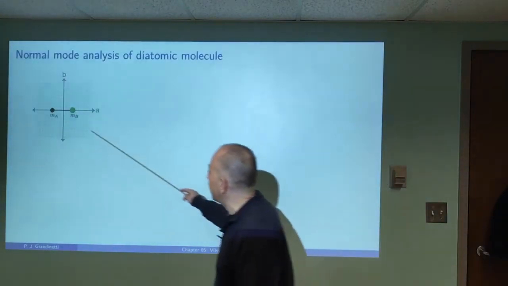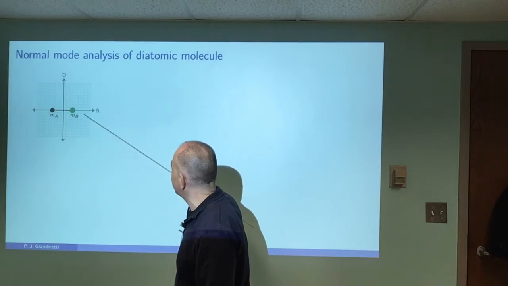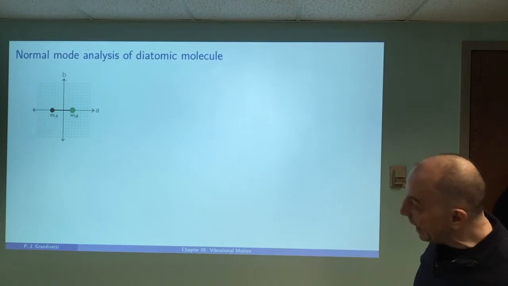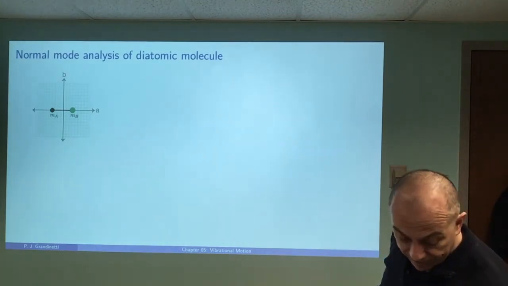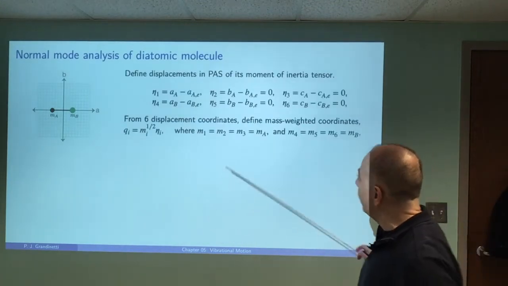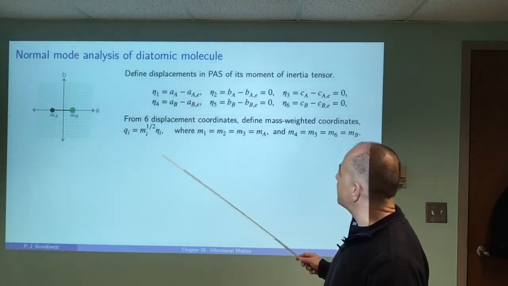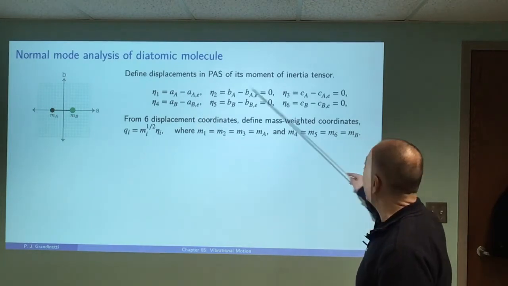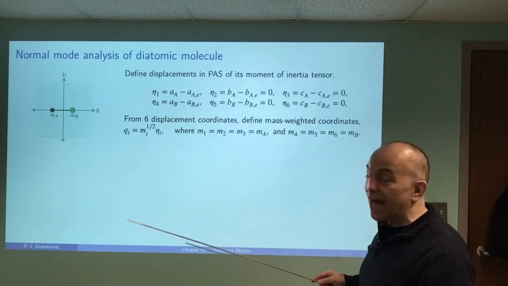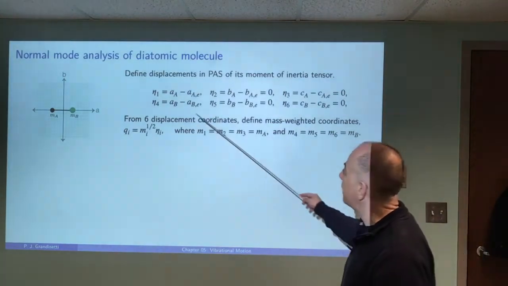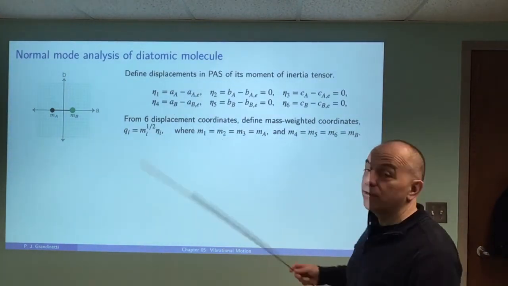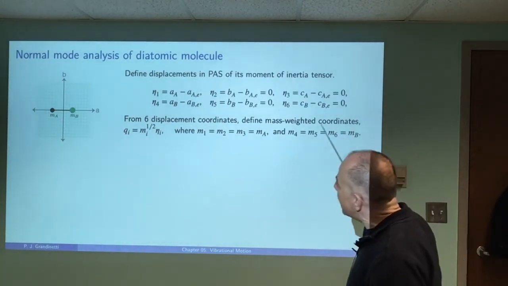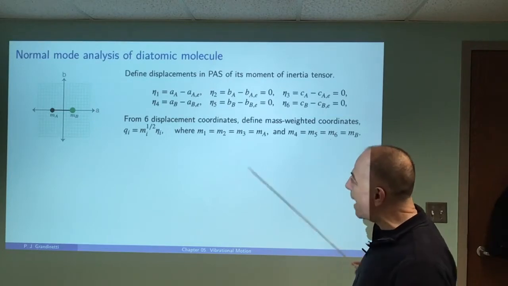So let's take a diatomic molecule where we're in the principal axis system of the molecule. The bond is along the A-axis, and B and C are perpendicular to that bond. We will write displacements for atom A and atom B. So we will write eta 1, eta 2, and eta 3 for displacement of atom A along A, B, and C, and then eta 4, eta 5, and eta 6 for displacements of atom B along A, B, and C. Then we will convert those over to mass-weighted coordinates.